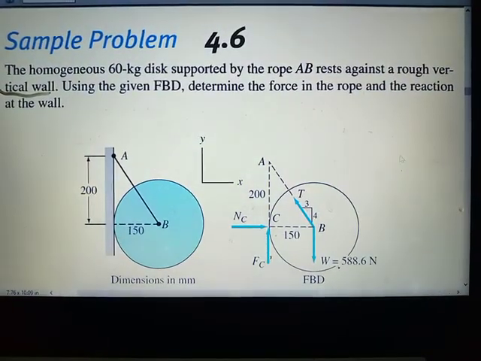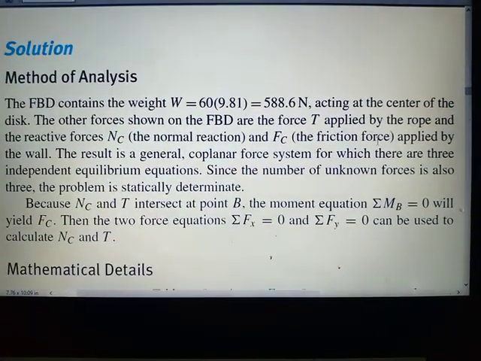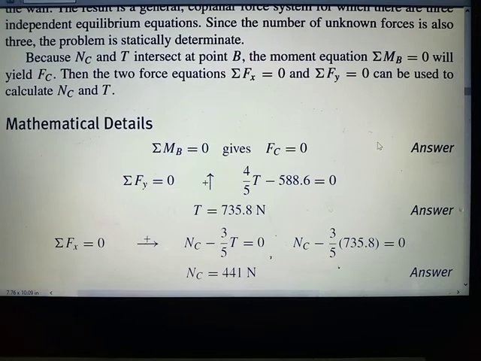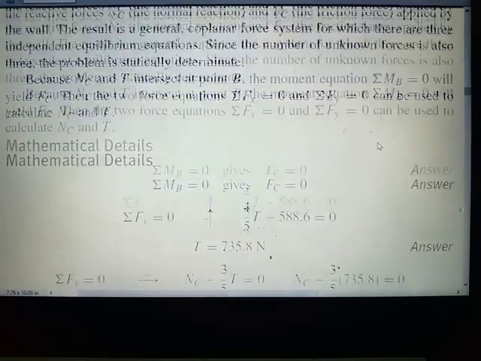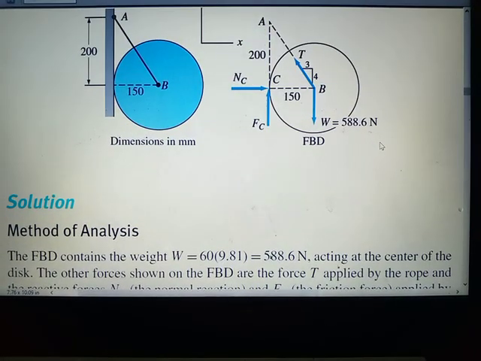So we just redictate the analysis. If we sum up moments at B, it gives FC equals 0. He chose the point B here.